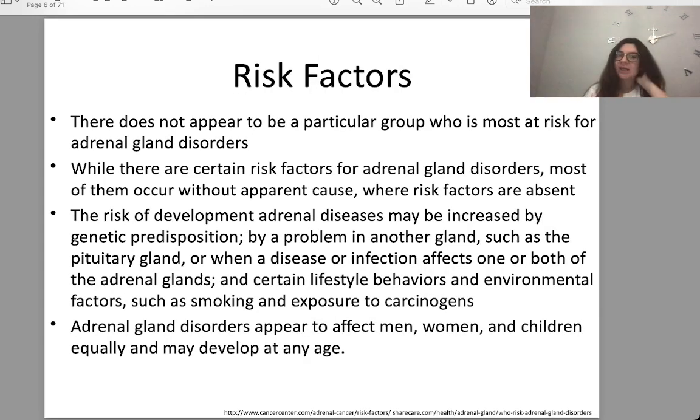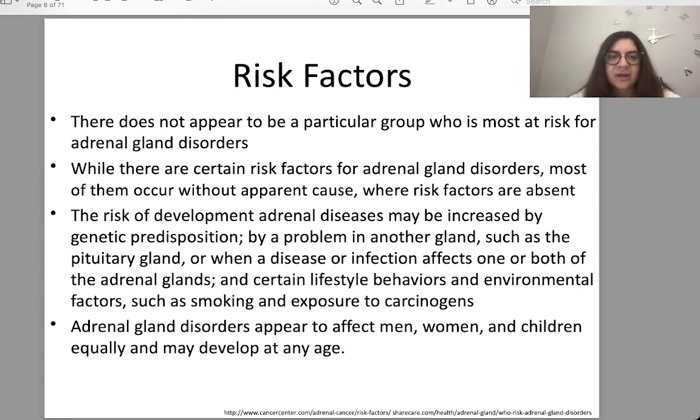Risk factors. There does not appear to be a particular group most at risk for adrenal gland disorders. While there are certain risk factors, most cases occur without apparent cause.